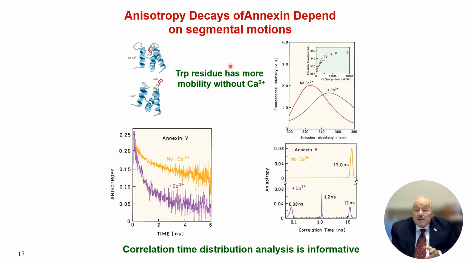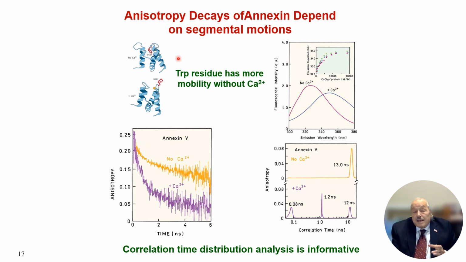A second example is going back to something I think we did in a very early lecture. We spoke about Nexin and how its emission spectrum was shifted by calcium. When you add calcium to it, the emission spectrum shifts out to the red, and we interpreted that as it being more exposed to the solvent.